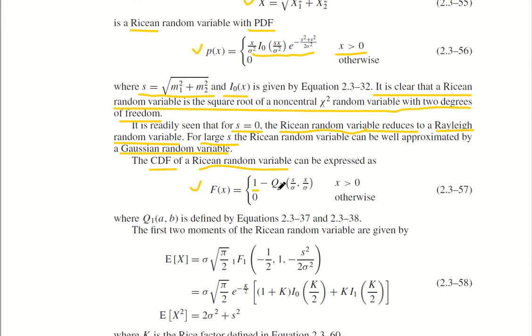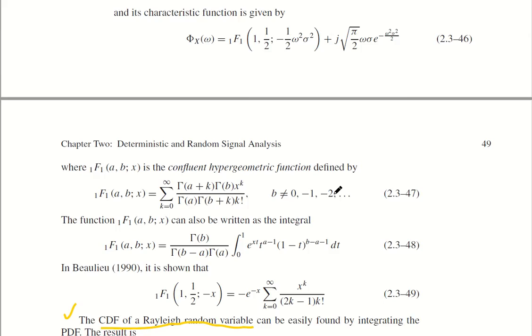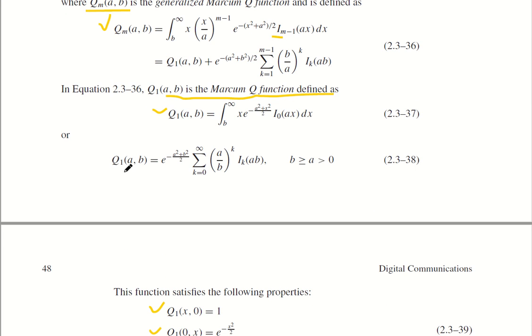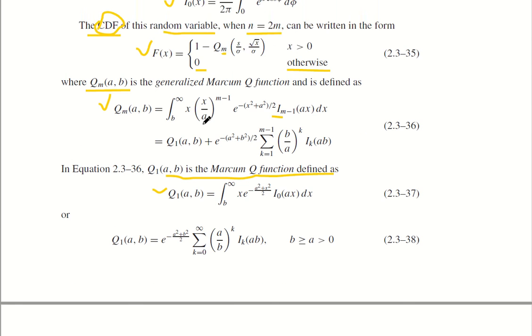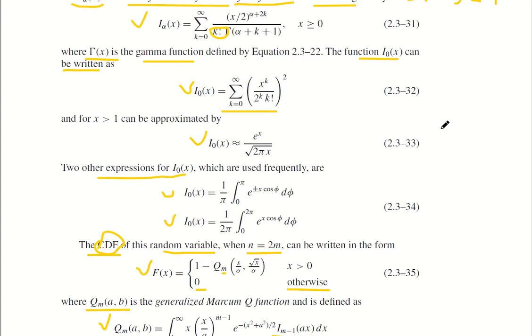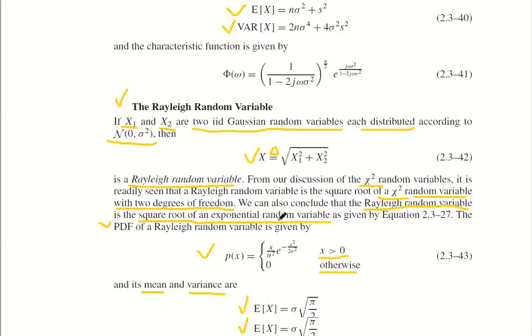1 minus Q1 of s divided by sigma and x divided by sigma, for x larger than 0, otherwise 0. That Q1 has been defined before, on page 47, if you want to refer to the details.